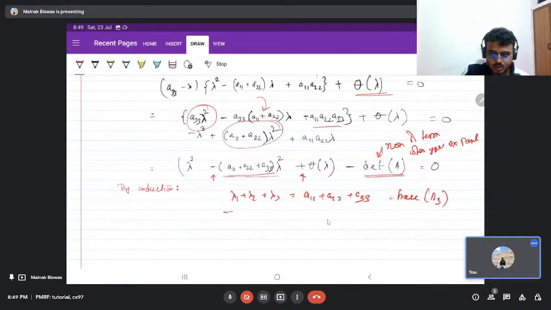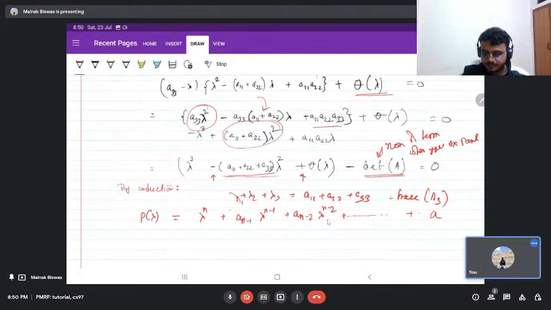So the sum of roots, the sum of lambda i, is equal to, as we all know, if a polynomial p of lambda is equal to lambda to the power n plus a n minus 1 lambda to the power n minus 1 plus a n minus 2 lambda to the power n minus 2 and so on, down to a0.